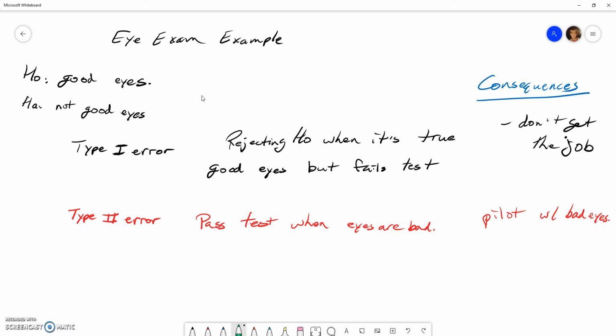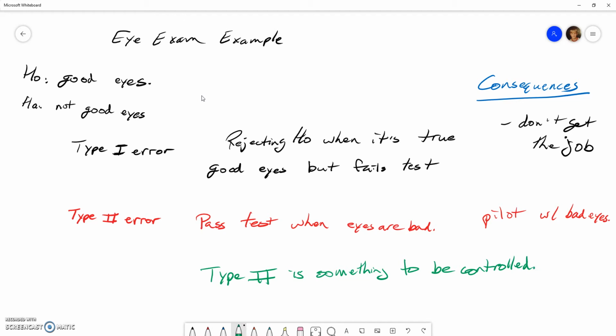Of course, you want to control a type 2 error in this case, rather than a type 1 error.